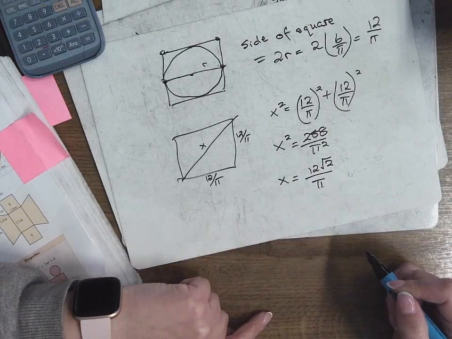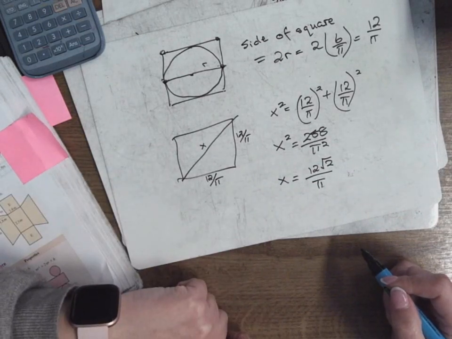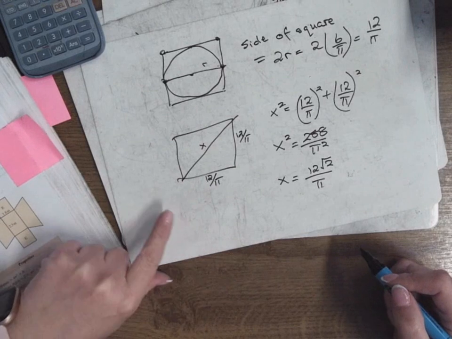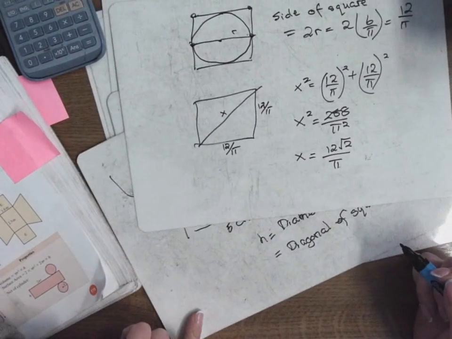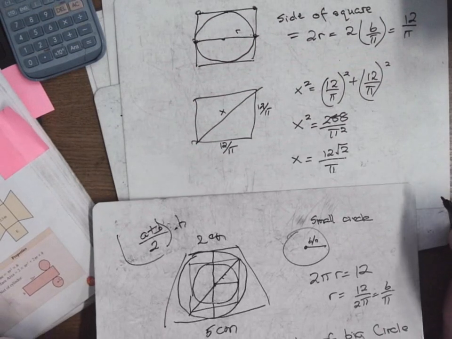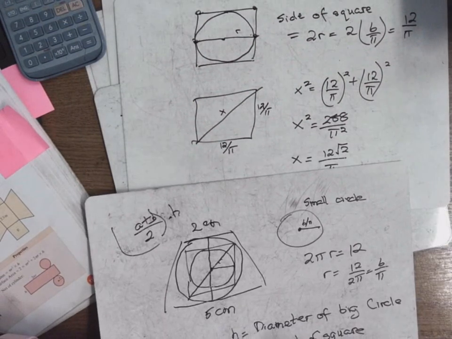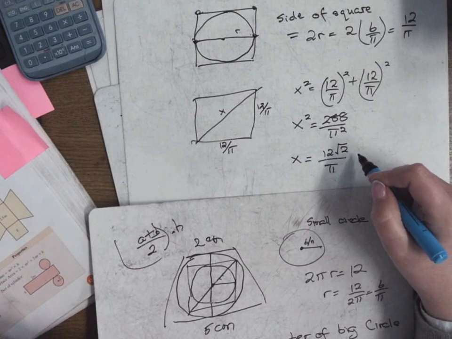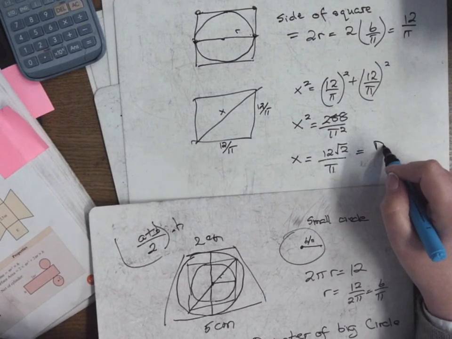Is that okay? That's just calculator work. So I just established that the diagonal of the square is 12 root 2 over pi. So that's also the diameter of the big circle.